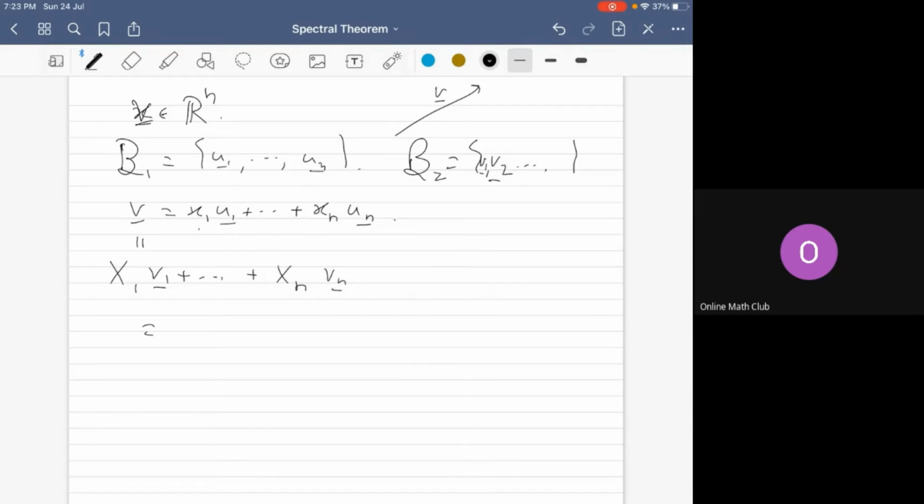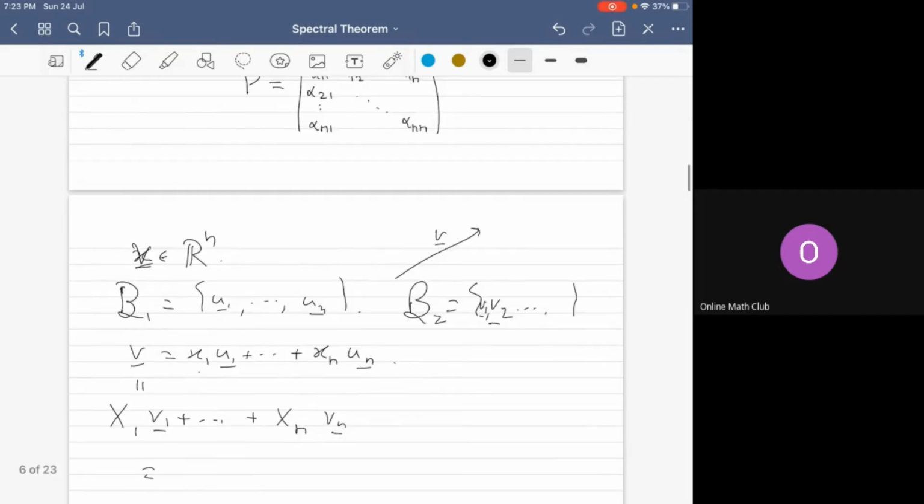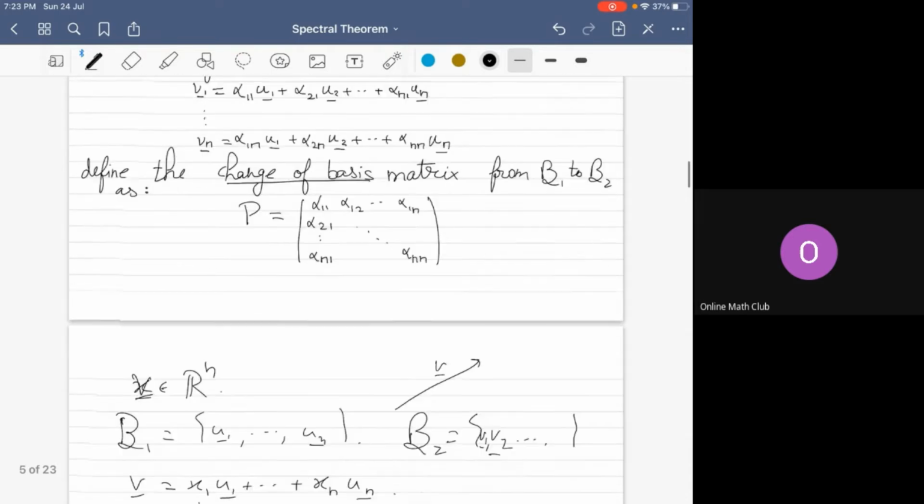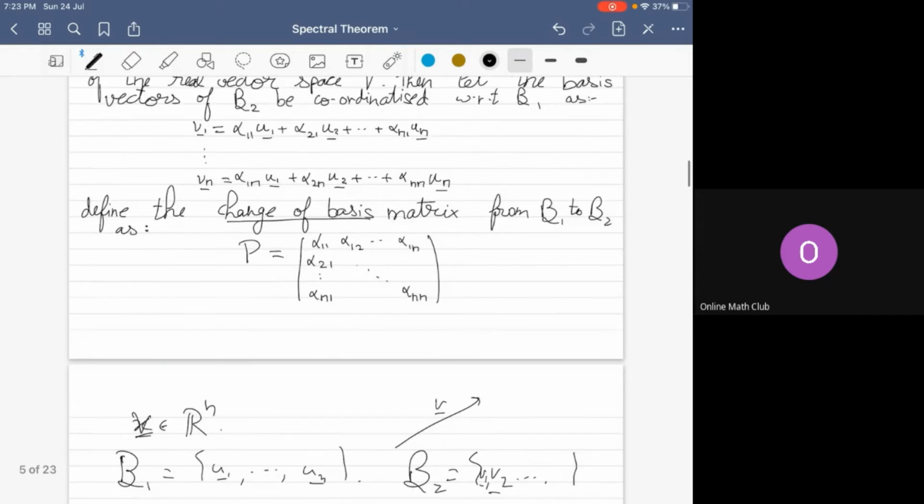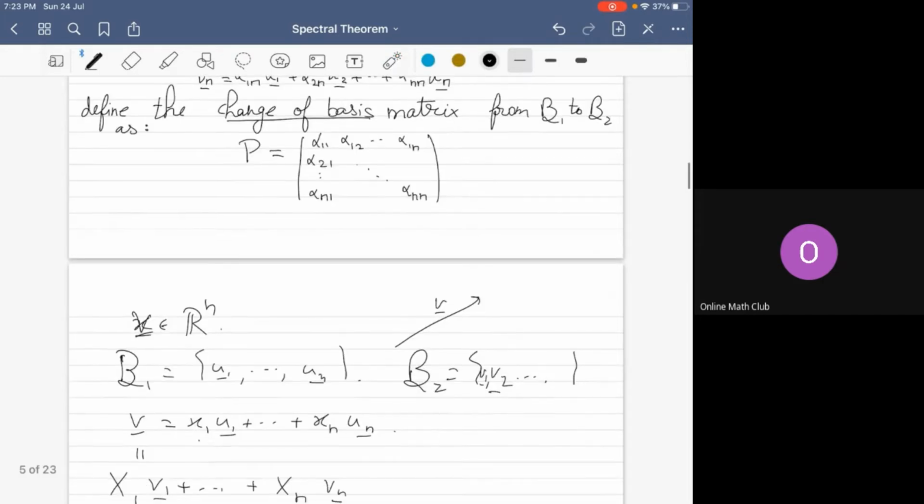Now we have small vi's in terms of vn using the change of basis, because notice that we defined the change of basis matrix using these coordinates of vi's.